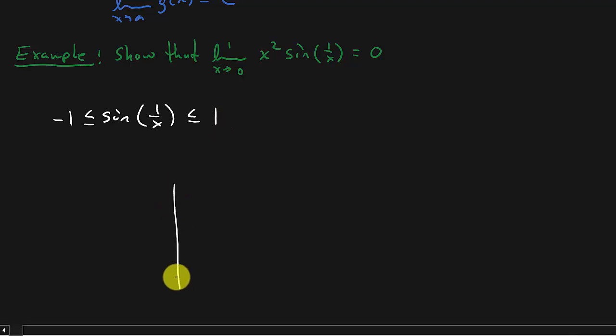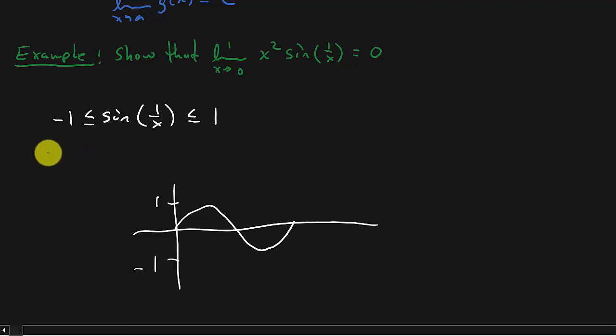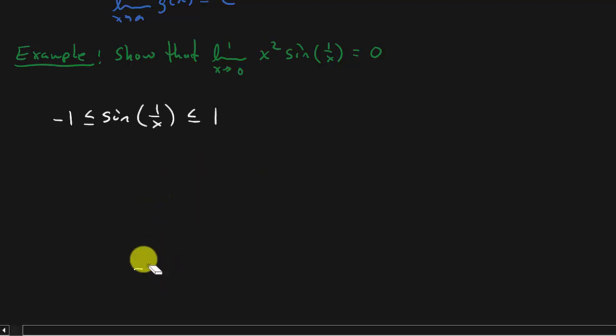Remember, the graph of sine looks like this, right? It's in between 1 and -1. We know this from trigonometry. So that's nice, having that there in between -1 and 1.